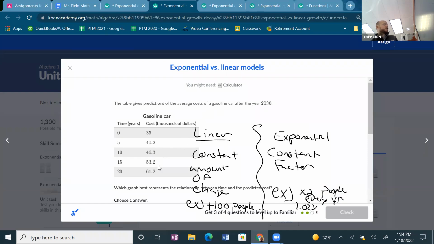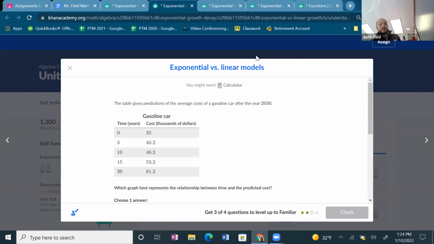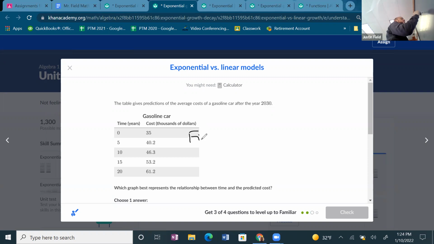So here, what you're going to do is the linear or exponential analysis, just like we did in the first assignment, but it might not be exact; it will be close. It will be closer to linear or closer to exponential. So in this one, find if there is a slope.